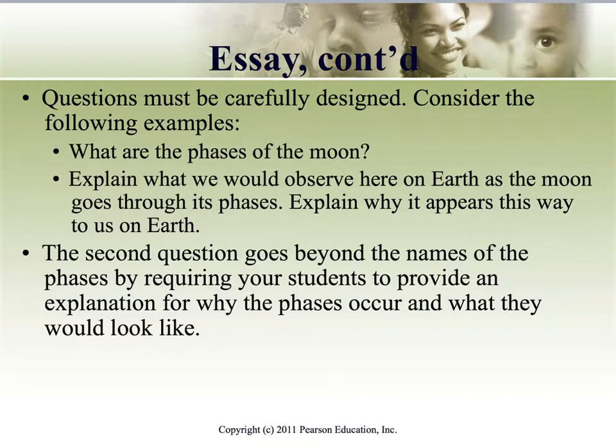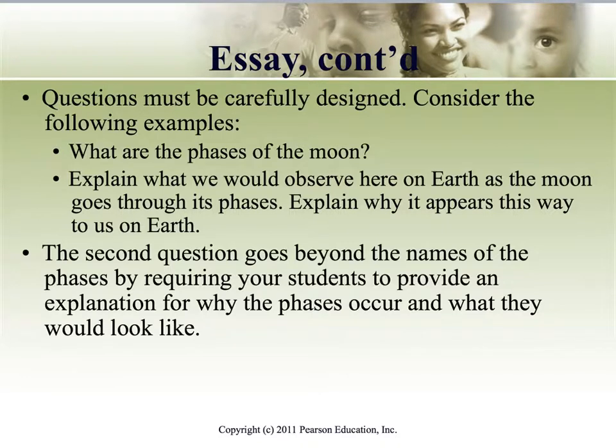Okay, so our questions must carefully be designed. We want to look at these examples. Instead of asking what are the phases of the moon, we would design a question that would go beyond just the names of the phases and require the students to provide an explanation of why these phases occur and what they would look like.